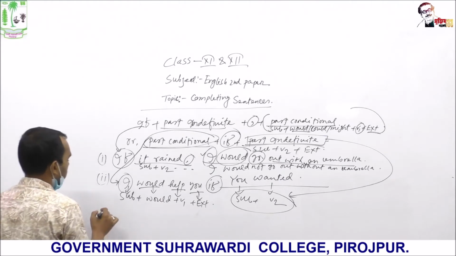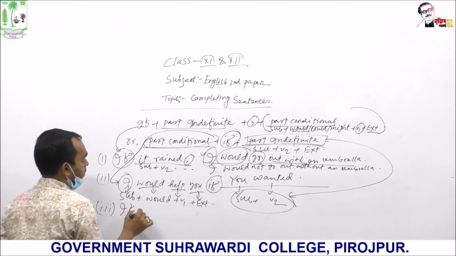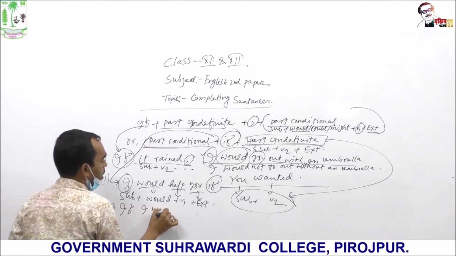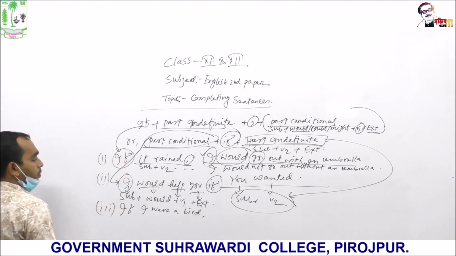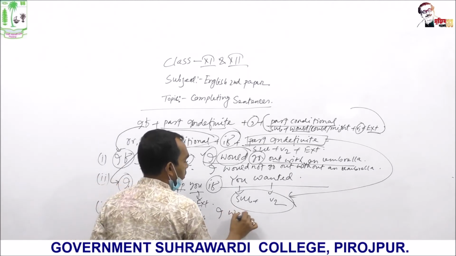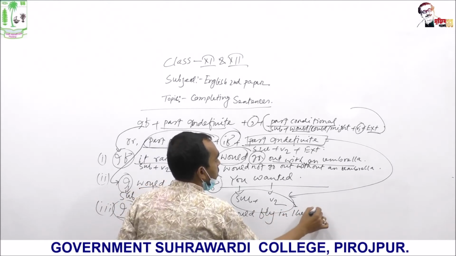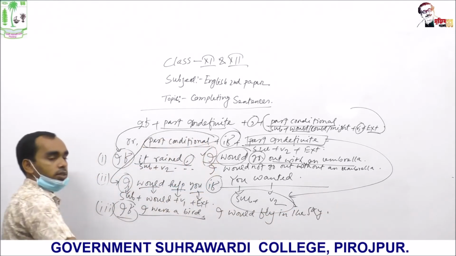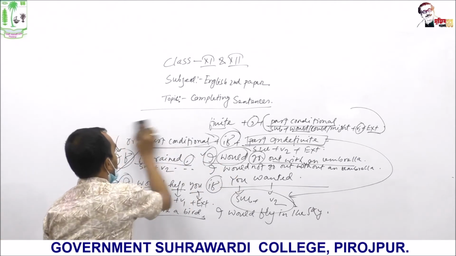Now, I can write another sentence. If I were a bird. If plus past indefinite. I would fly in the sky. Okay? Or I can write down another sentence.